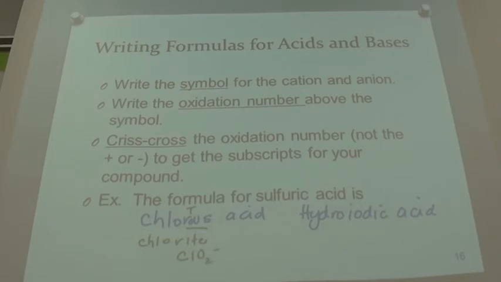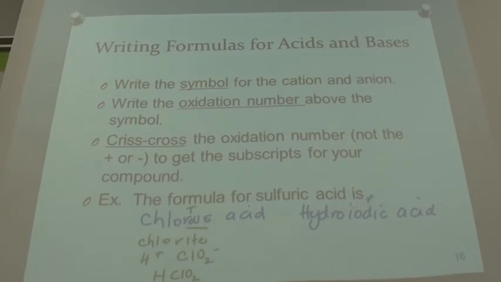What does every acid have to have first? A proton. And so when I crisscross, I have HClO2. Yes?